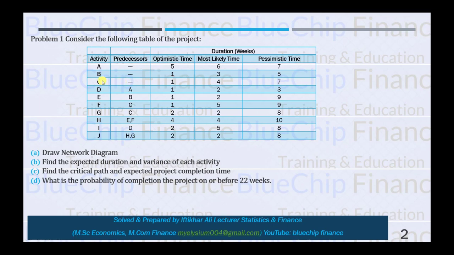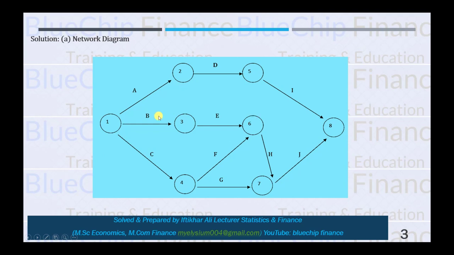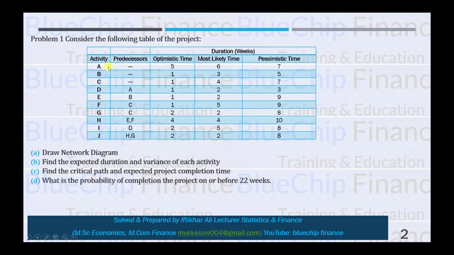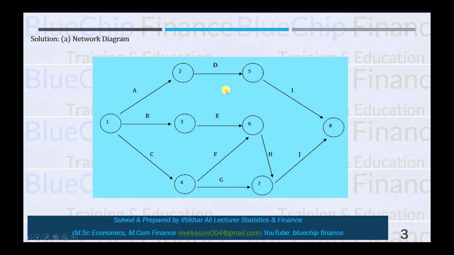So just simply draw three different paths originating from node 1: path A, path B and path C, and these three paths represent activities A, B and C. It's up to you whether you use this sort of diagram or a diagram according to your own choice.